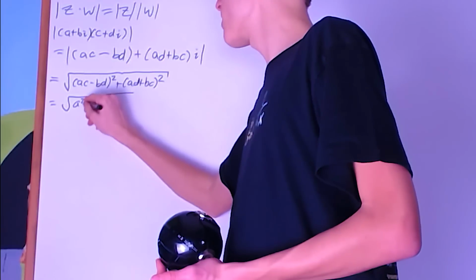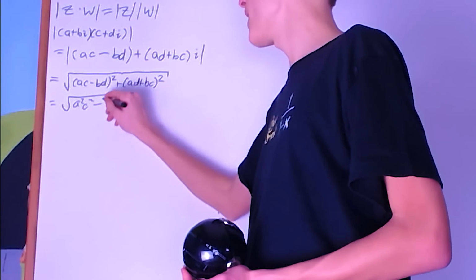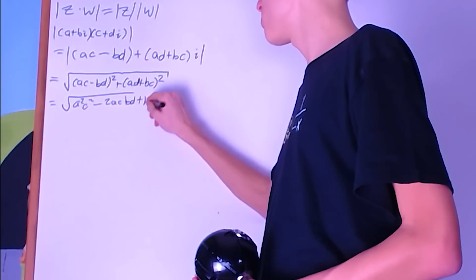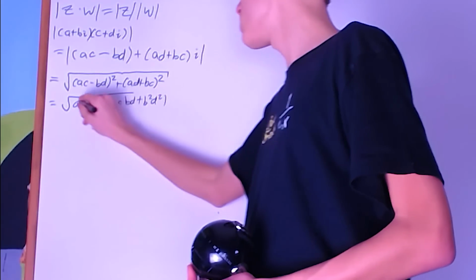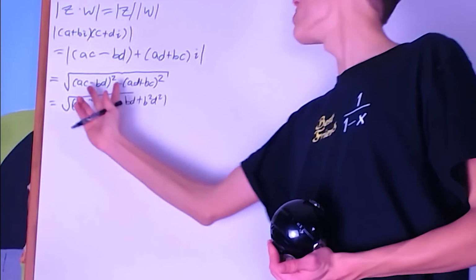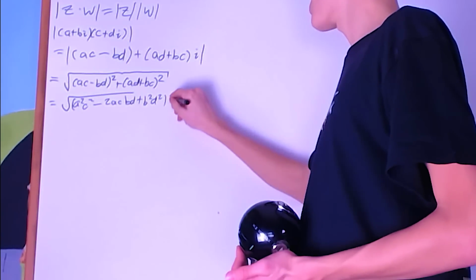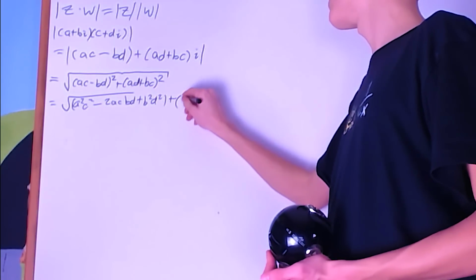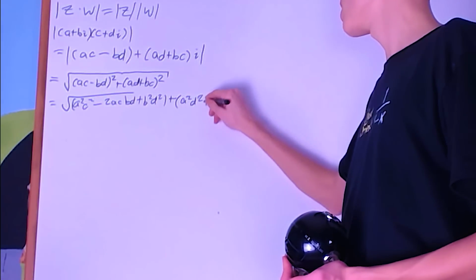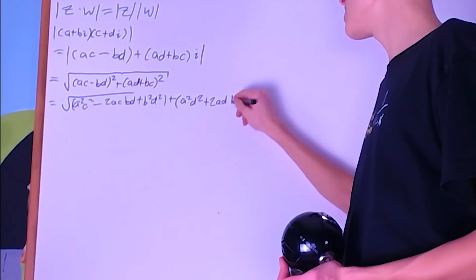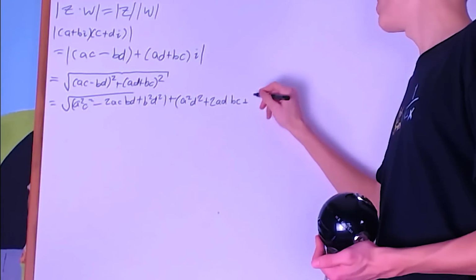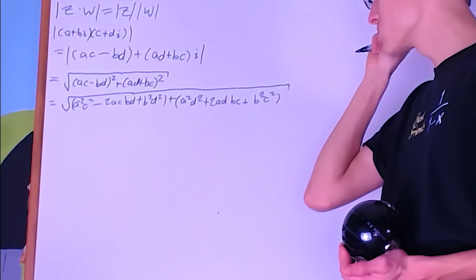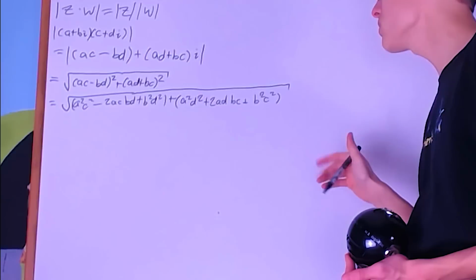I get a squared c squared minus 2acbd plus b squared d squared. That is just simple foiling on this first example. And then I add that with this component, which gives us a squared d squared plus 2adbc plus b squared c squared. So those are the two different components multiplied out.